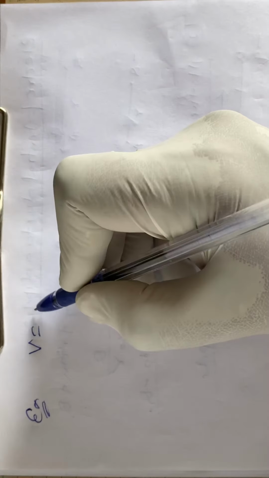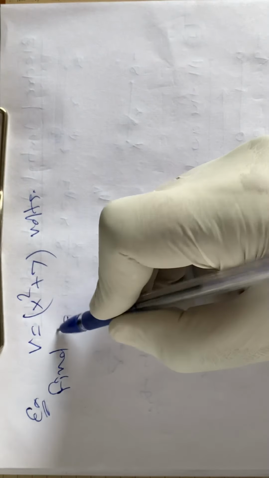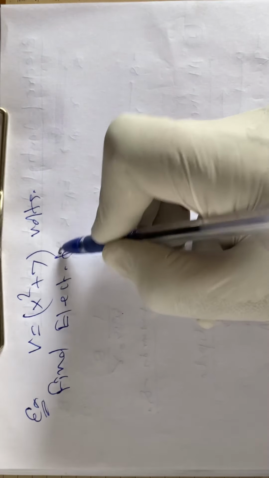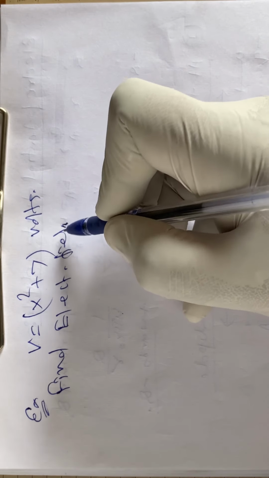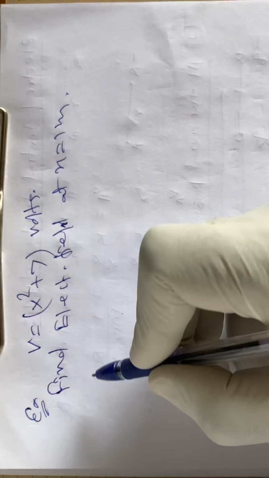Now let's take an example. Say V is given as x square plus 7 volts. Here you can see V varies only along the x-axis. The question is: find the electric field at x equal to 1 meter. How will we do it?